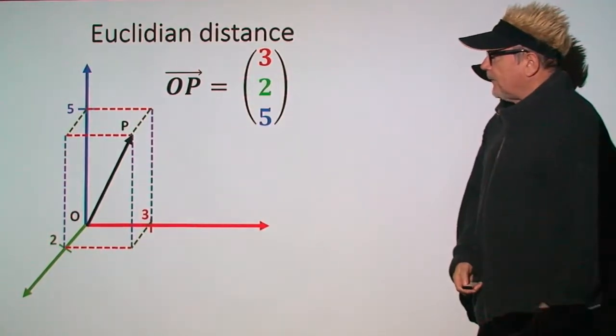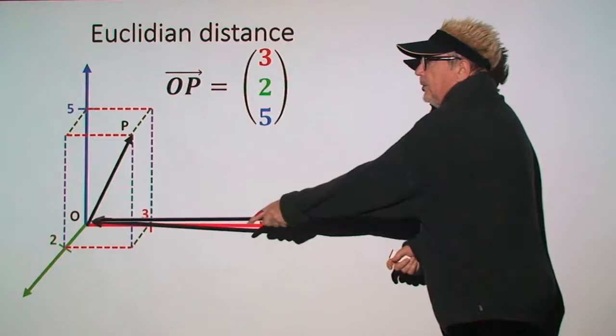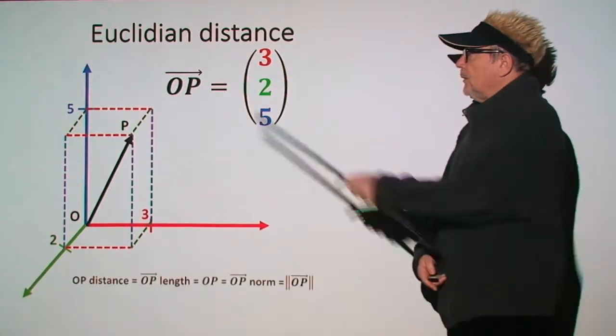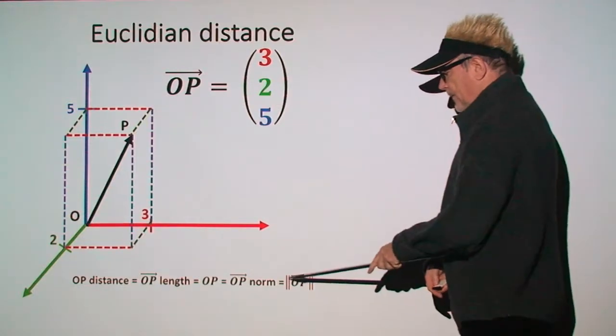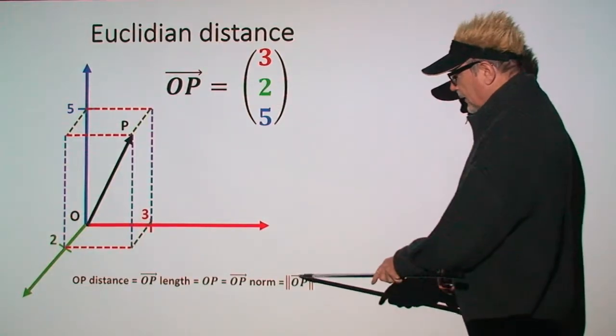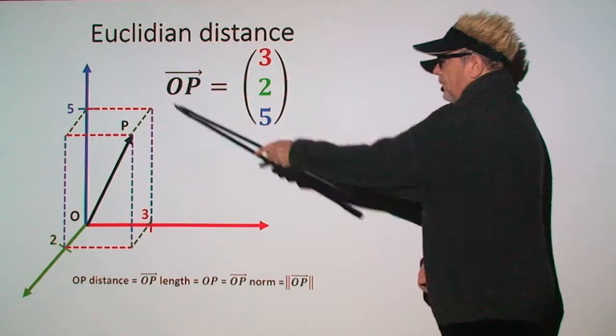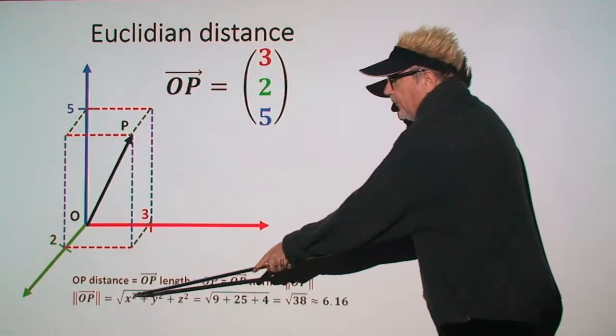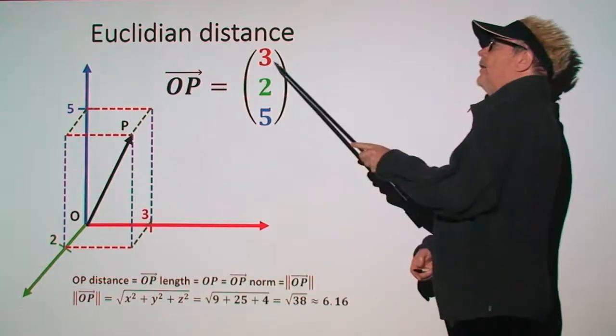What's interesting is that when you want to measure the distance between O and P, you would use what we call a Euclidean distance, which is defined as the Euclidean norm of this vector. That is equal to the square root of the sum of the squares of the coordinates.